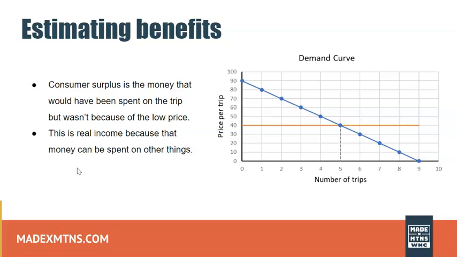If you think the maximum you're willing to pay for some market good is $80, you're going to shop around, and if you find that good sold somewhere for $40, then your consumer surplus is $40, and that is $40 that you can spend on something else. Okay, so that's real income.